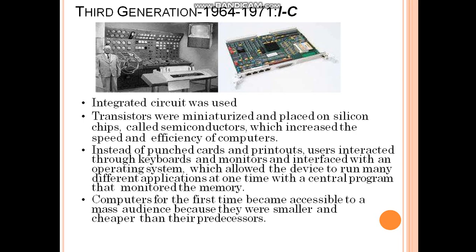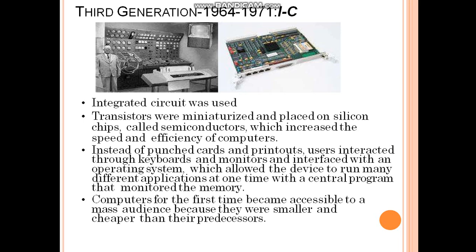The third generation computers are between 1964 to 1971. The technology in third generation computers was integrated circuits, shortly called IC. Transistors were miniaturized and placed on silicon chips called semiconductors, which increased the speed and efficiency of computers.